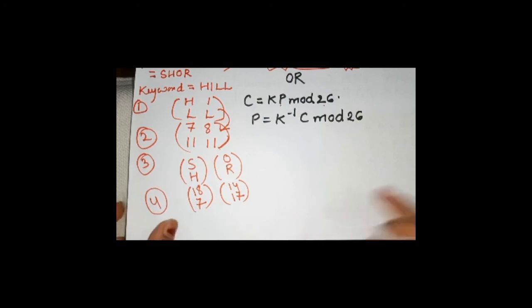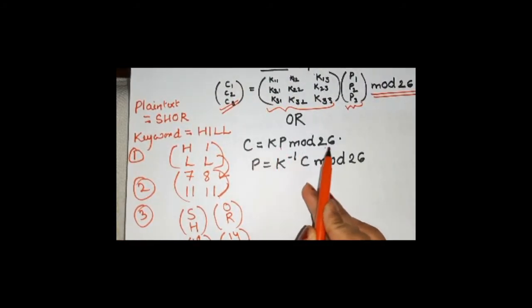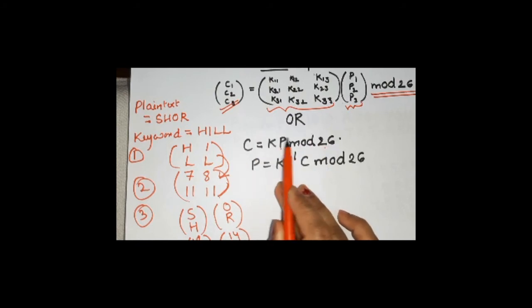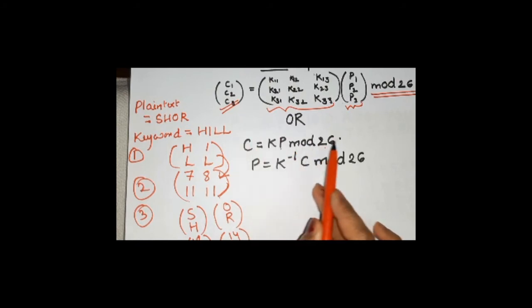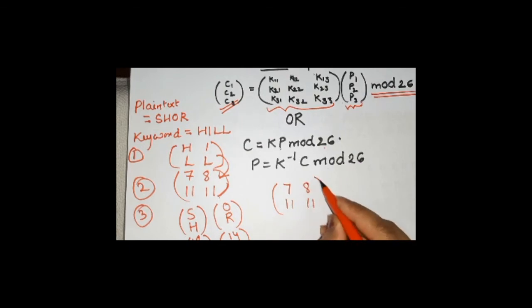After doing this, I know the formula. My formula is C is equal to KP mod 26. If I need to convert the plain text into cipher text, I'll be using this formula. So this formula says C is equal to K. So my K is 7, 8, 11, 11.